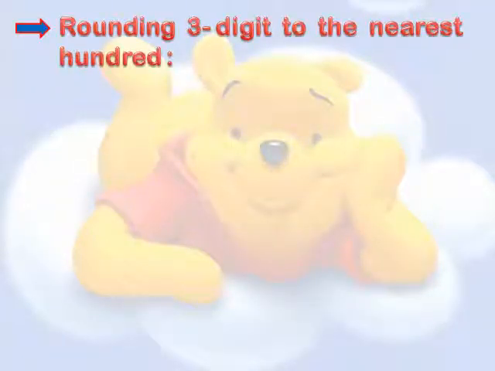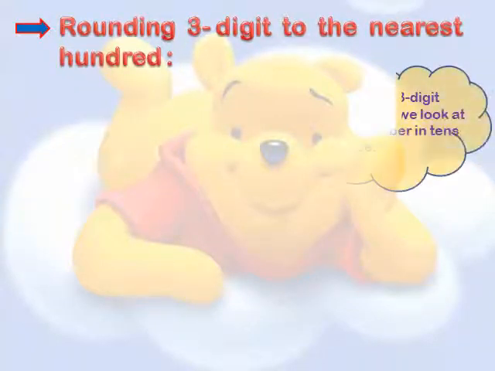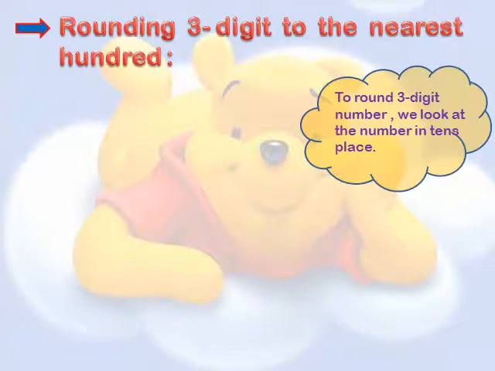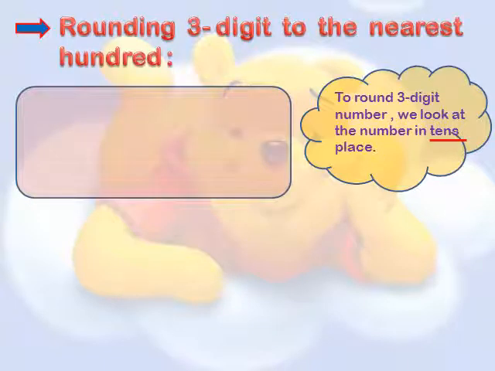Now, rounding 3 digits to the nearest 100. So we have to do what first? We have to look for the tens place and the number inside this tens place. Like what?